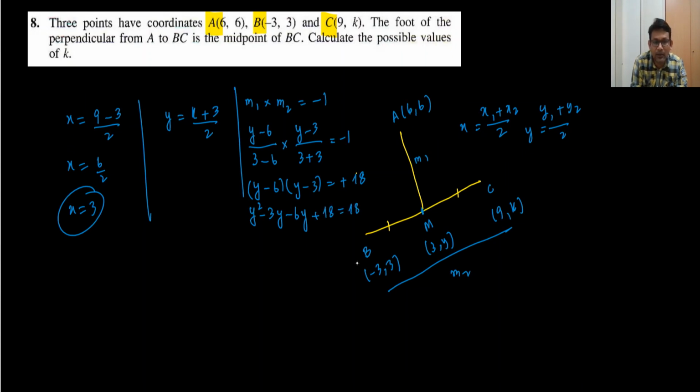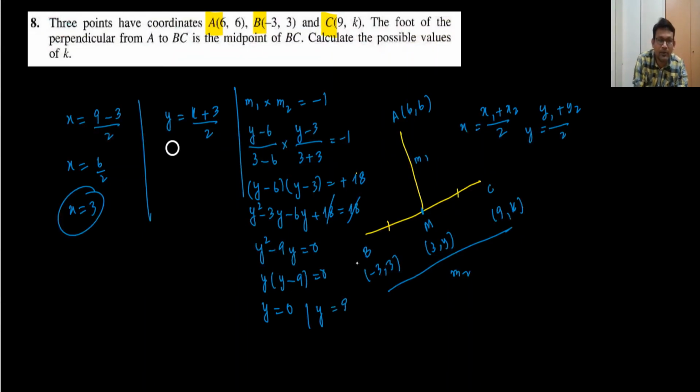Now the 18 can cancel, there is no problem. Now we have y squared minus 9y equal to 0. y is common. y is coming 0 and y is coming 9.